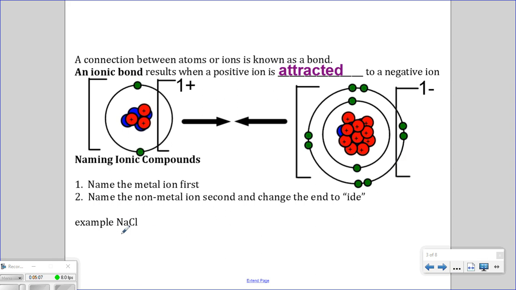So in this example here, we have NaCl. When we go and find the names for these symbols on the periodic table, Na is going to be our metal, which in this case is sodium. So we write the name of the metal first, and then we write the name of the non-metal. In this case, we'll have chlorine, and then we change the end, in this case, the INE to IDE.